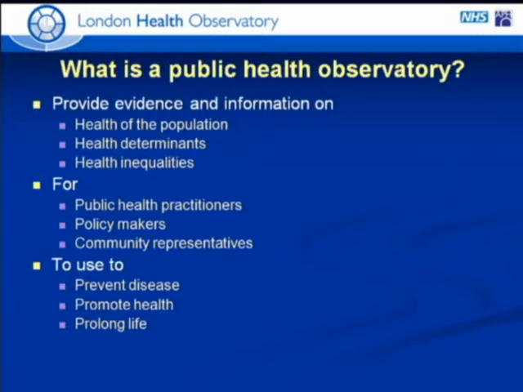So basically what we do is we provide evidence and information on the health of the population, the determinants of health and health inequalities, largely for public health practitioners in England, but also for policymakers and community representatives, with the hope that they will use that information to prevent disease, promote health and prolong life.